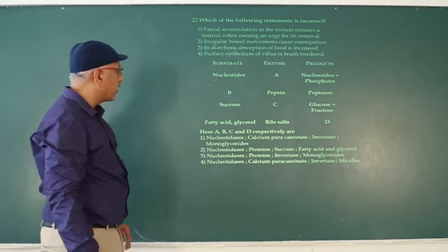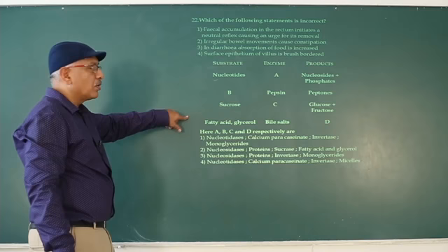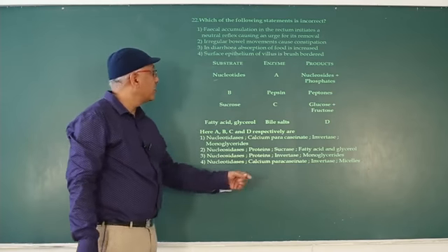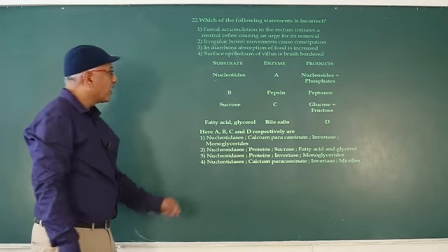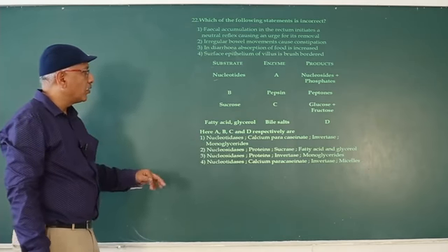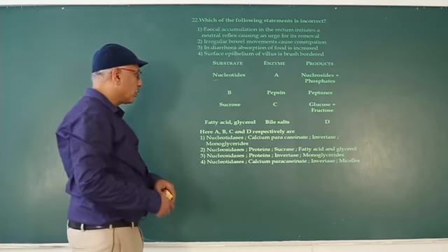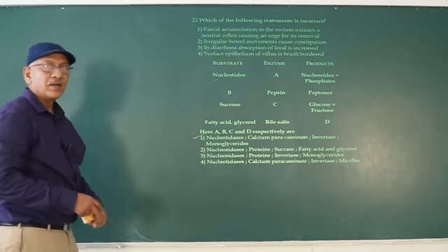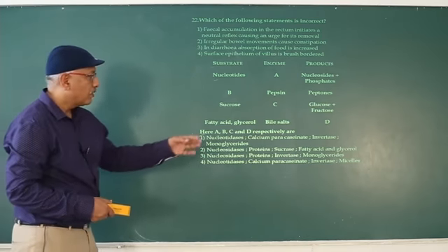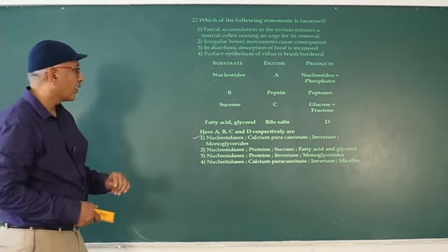Next one, sucrose. Sucrose is a disaccharide. The sucrase enzyme or invertase enzyme acts on sucrose, converting it into glucose and fructose. So the answer is nucleotidases, calcium paracaseinate and invertase.